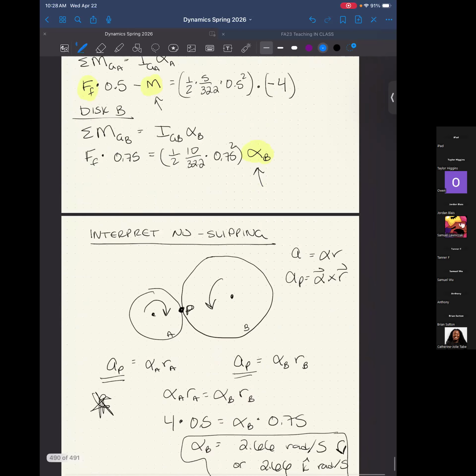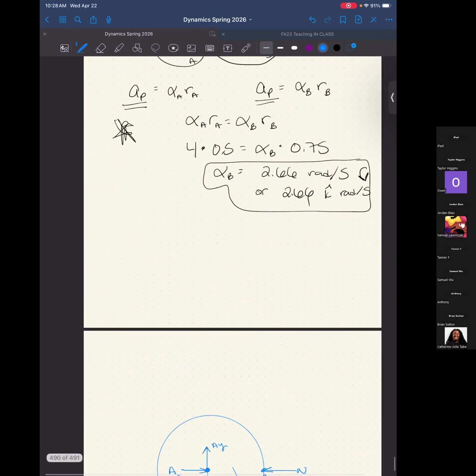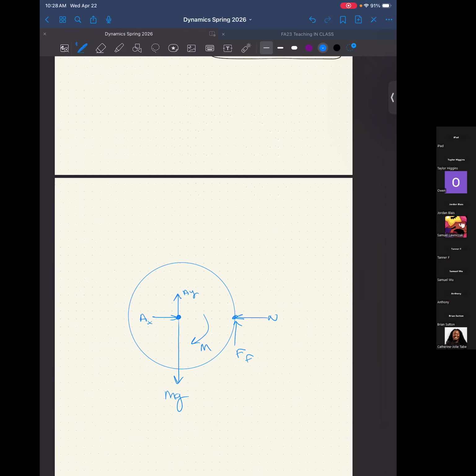But if you don't care about what AX and AY are at all, I'll bet you this is what happened. If you were to solve for the value of AX and AY doing sum of forces in the X and sum of forces in the Y, you would not get the correct answer for those reactions.